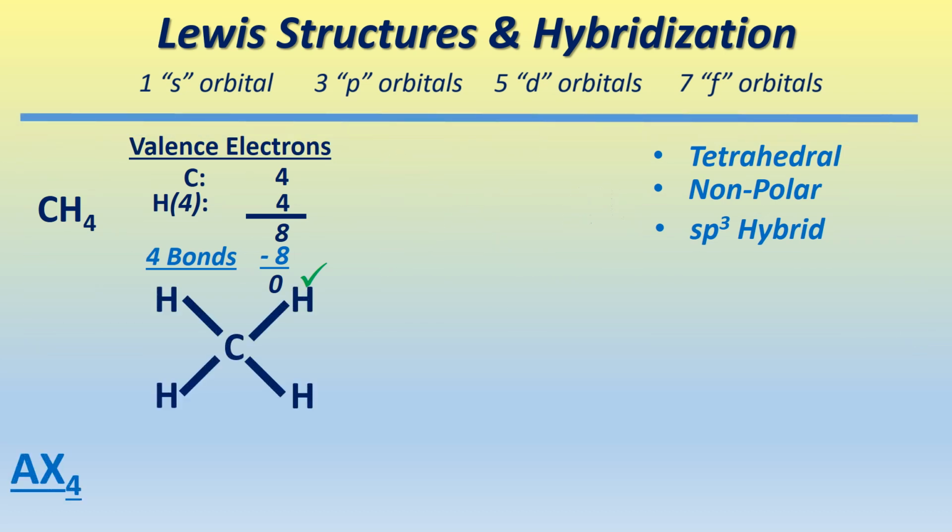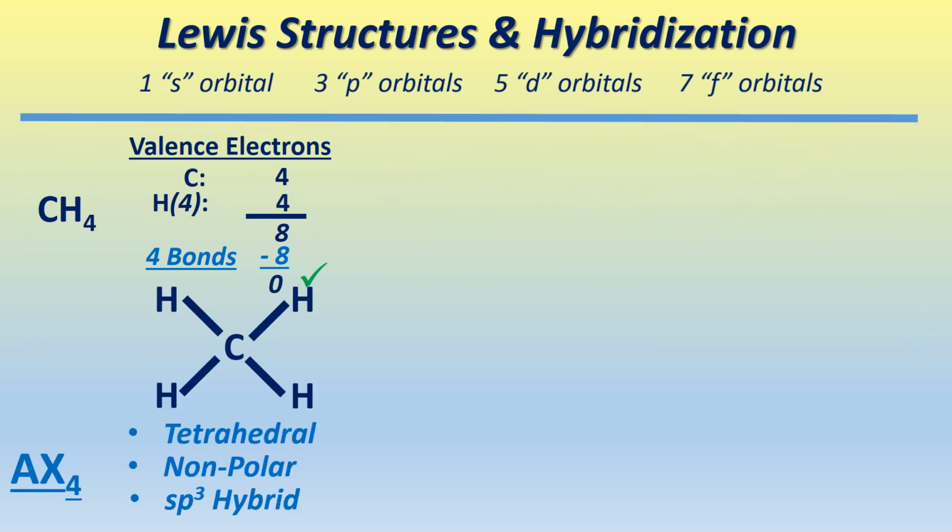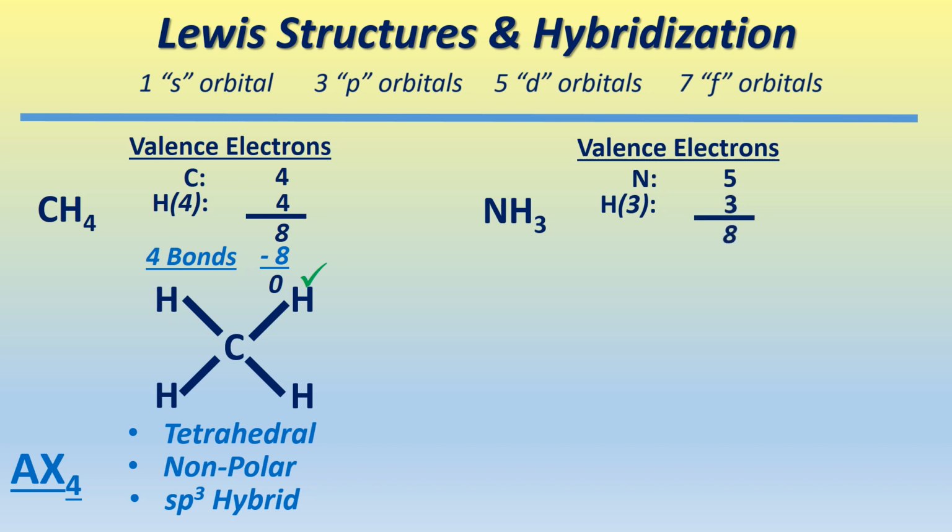Observing other examples. Ammonia. Nitrogen is in group 5. There are 3 hydrogens, leading to ammonia having 8 valence electrons. Nitrogen can form 3 bonds to the 3 hydrogens.